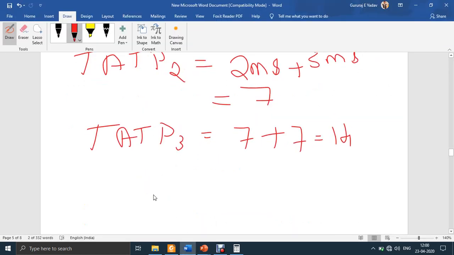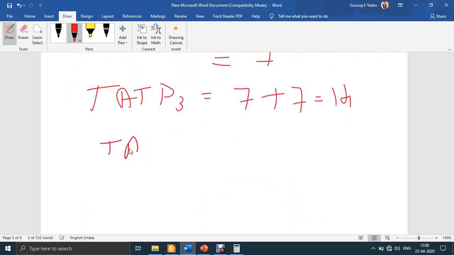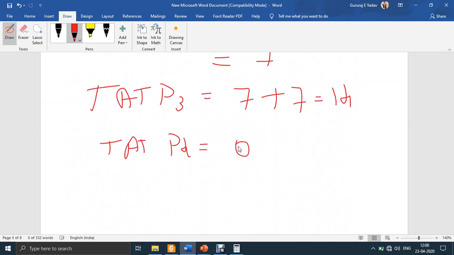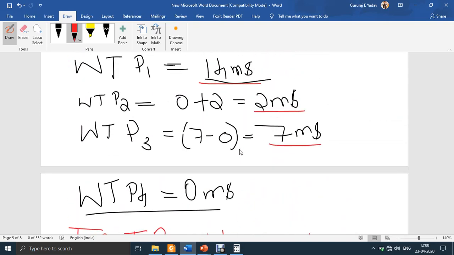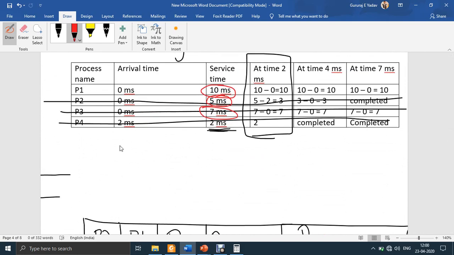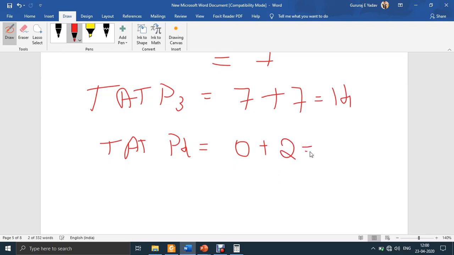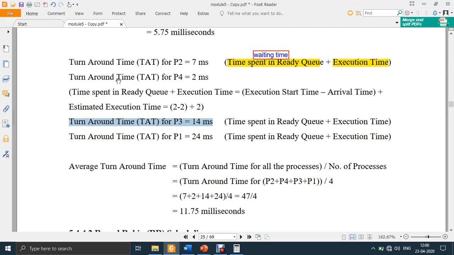The last one is TAT for P4. The waiting time for P4 is 0, plus the service time of 2 milliseconds. So 0 plus 2 is 2 milliseconds. That is what we got here for P4.